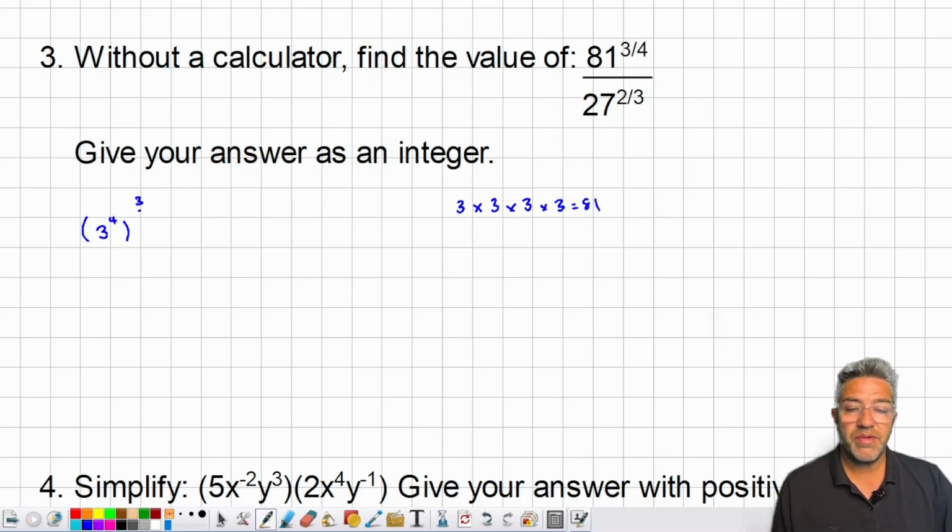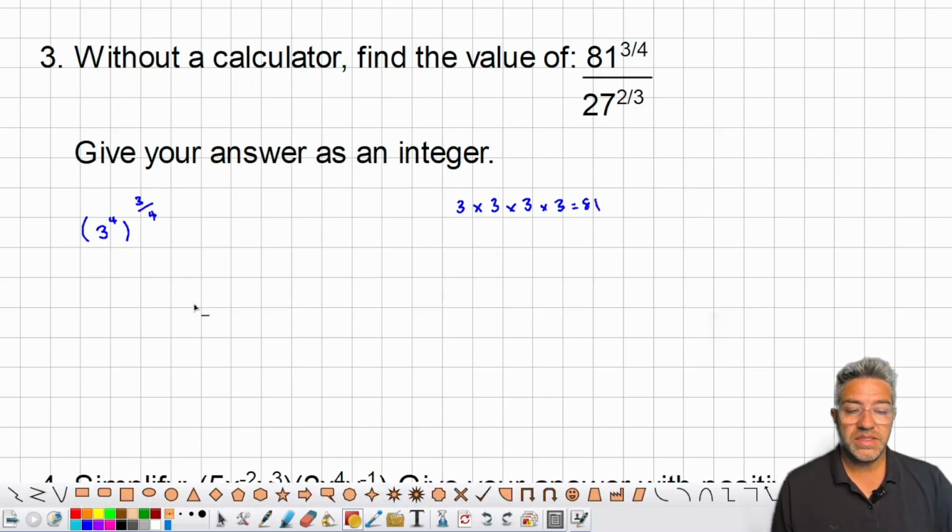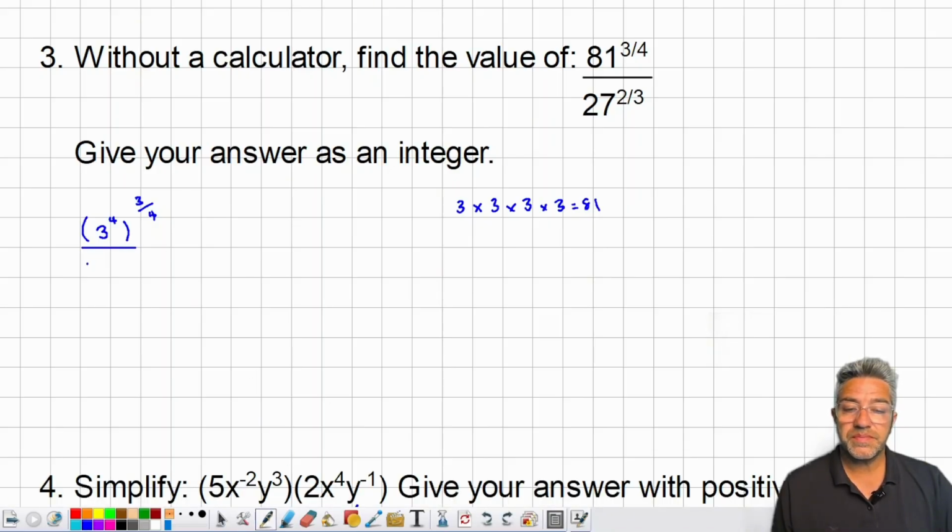So I'm going to rewrite 81 as a power of 3. I still have my power 3/4 divided by, and 27 is also a power of 3. It's actually 3 cubed.